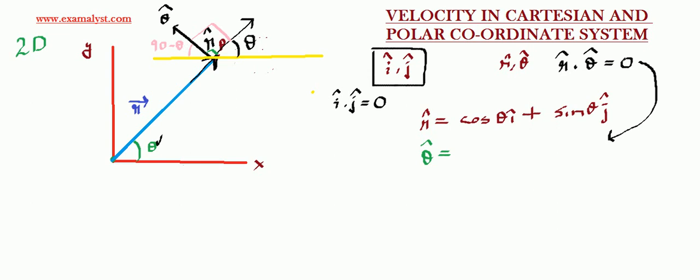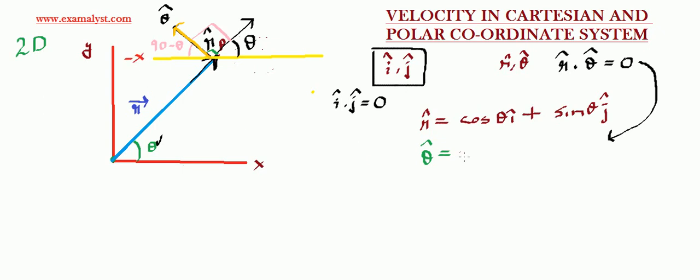And what is theta cap? Theta cap is a unit vector whose direction is perpendicular to r cap. This is my theta cap. If you look closely, the x component of theta cap is actually in the minus x direction.